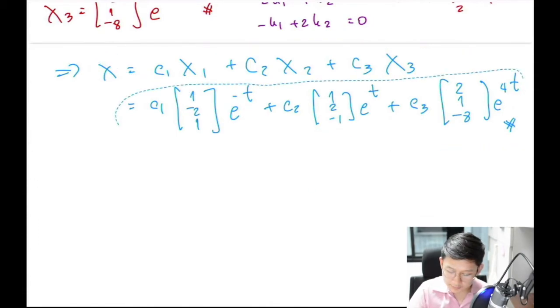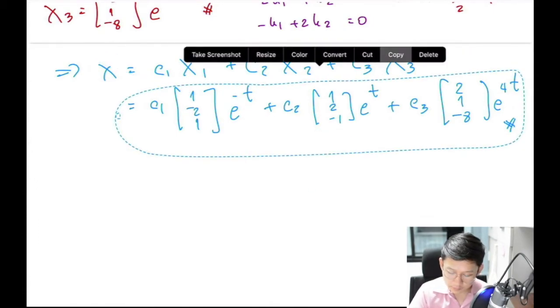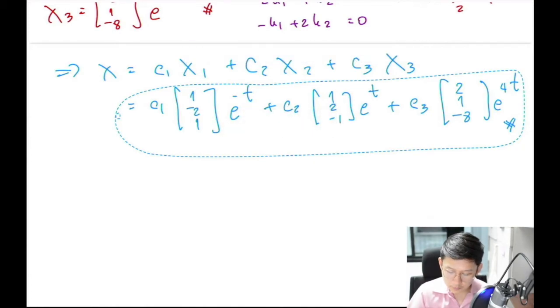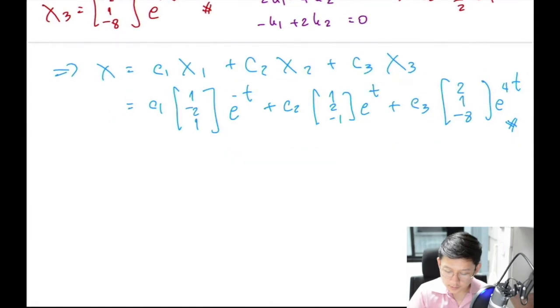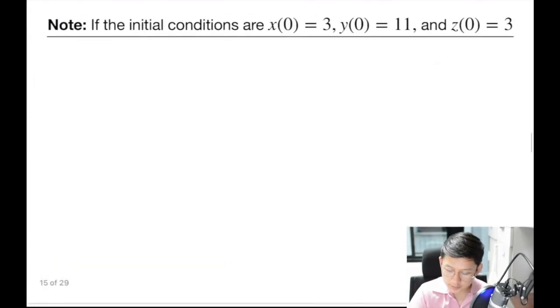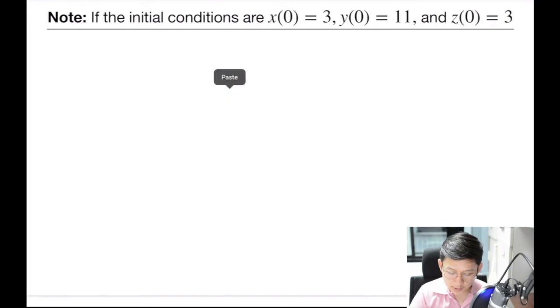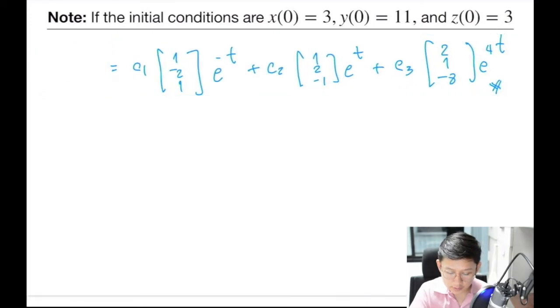Only this guy. And this is actually the x, right? So this is actually our x. But don't forget, our x is the vector of variables. So the x here is actually x, y, and z, right?